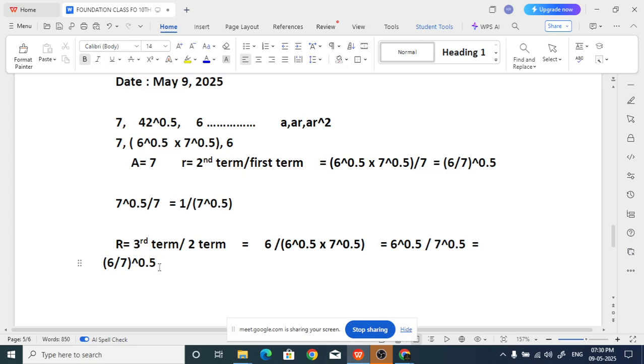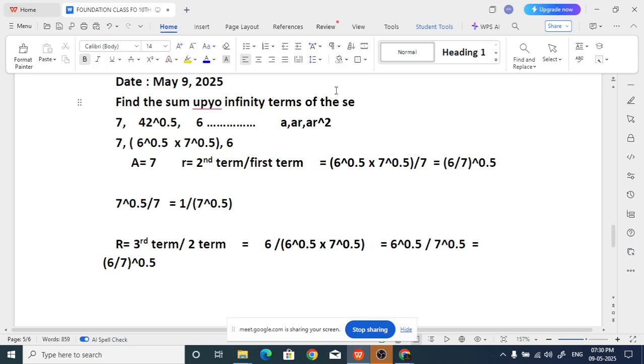Now you tell me what is the question asked? The question asked is find the sum up to infinity terms. What is the formula for that?